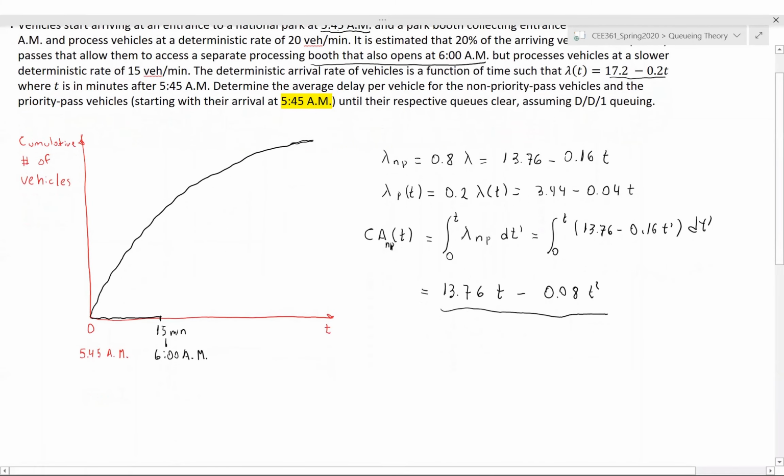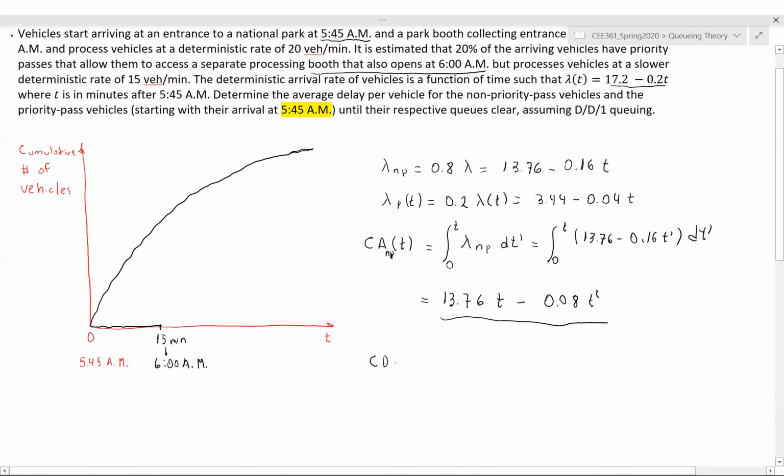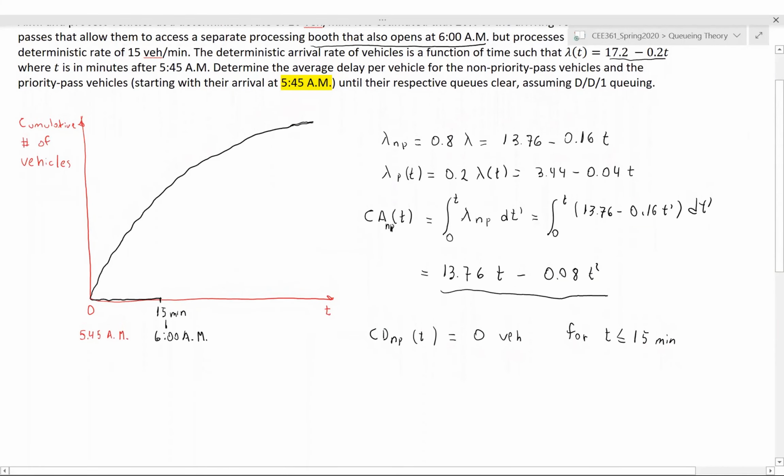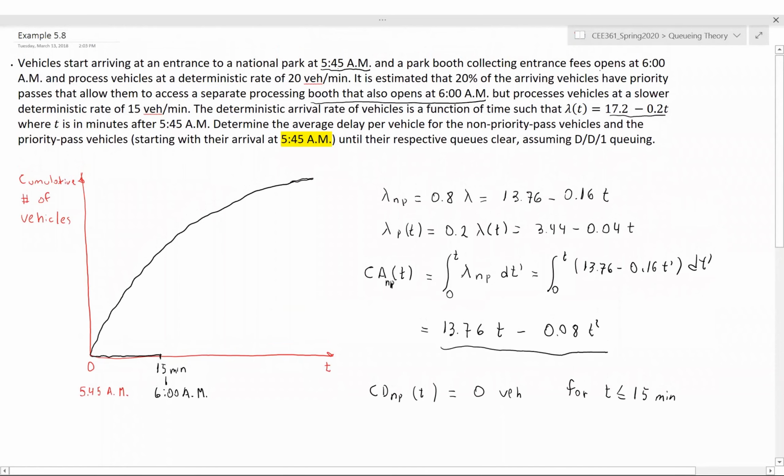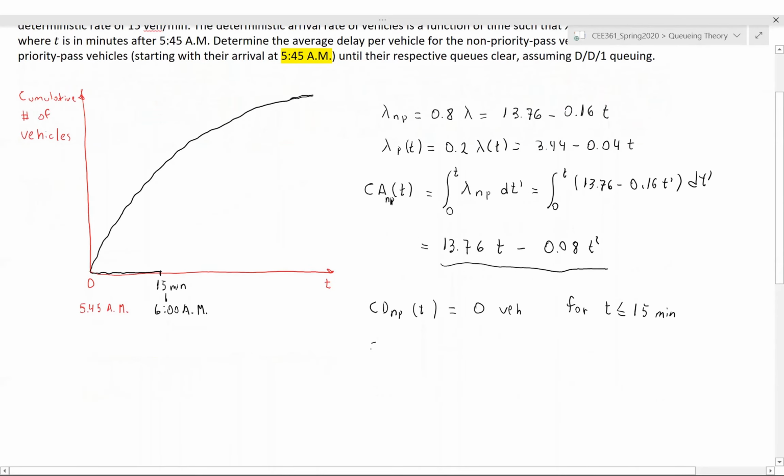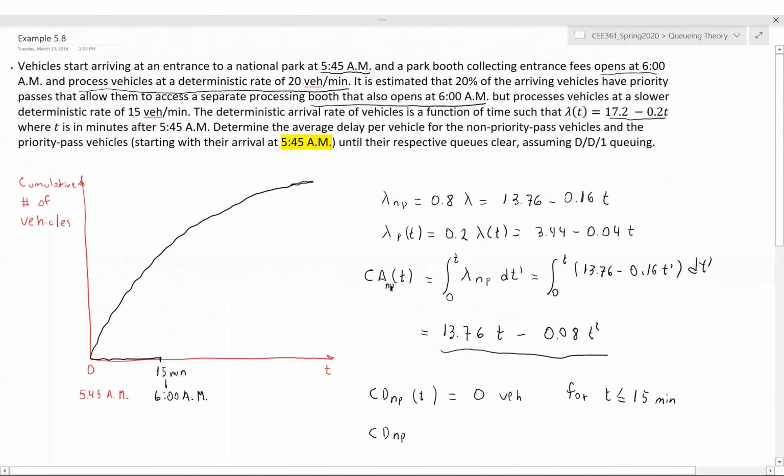What happens after 50 minutes? The cumulative departure function for the non-priority pass vehicles is equal to 0 vehicles for t less than or equal to 50 minutes. After that, according to the problem statement, once the park opens, the vehicles are processed at a deterministic rate of 20 vehicles per minute. You have to read carefully, because for priority pass vehicles it's lower.